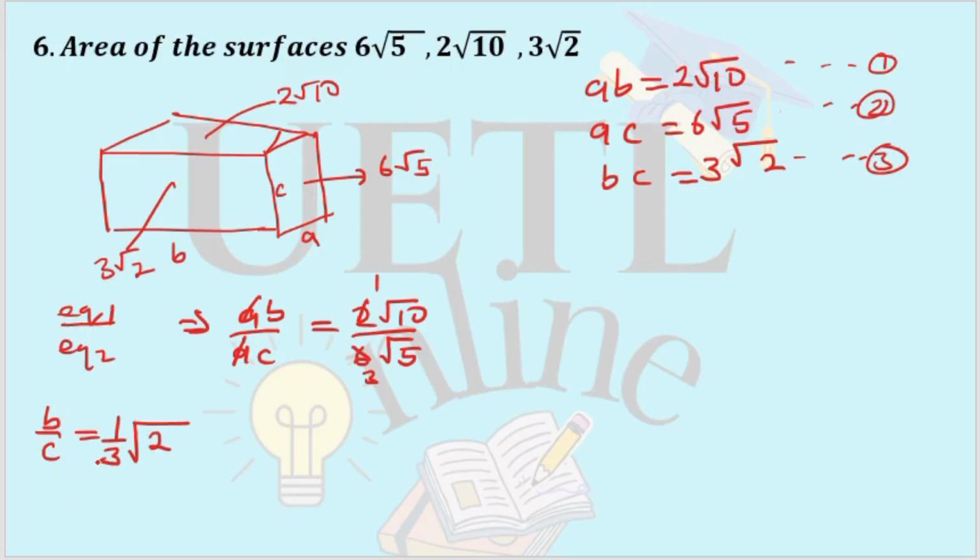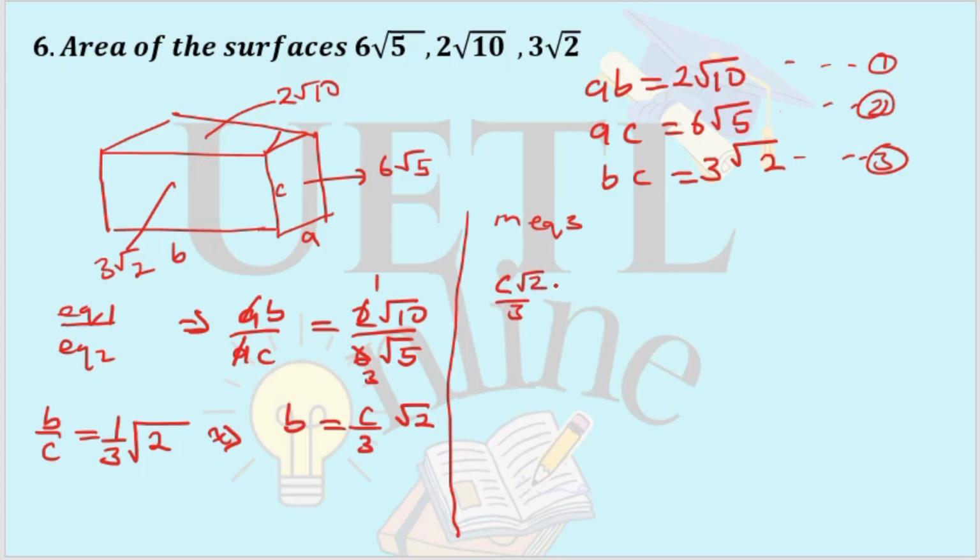Now we can make B the subject of the formula. Let's say B is equal to C over 3 root 2. Now we have to substitute this B in equation 3. In equation 3, we substitute B with C root 2 over 3, then C is equal to 3 root 3.